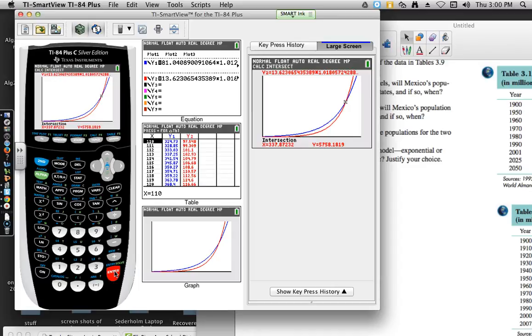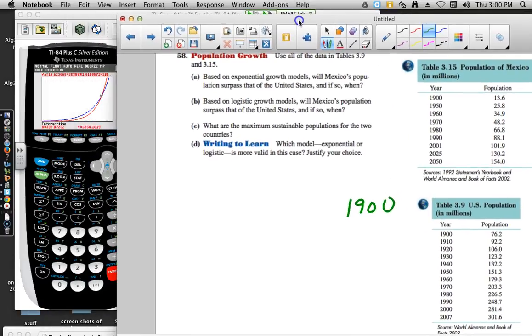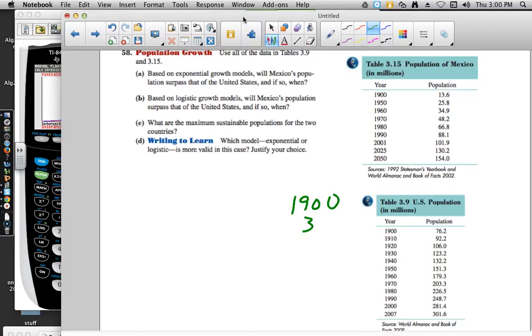And we're talking about approximately 338 years later. So we'd have to remember, okay, let's see, we started this thing in 1900, and we're saying this is going to happen approximately 338 years later. So sometime during 2238.